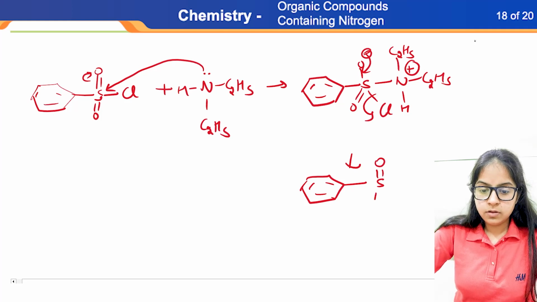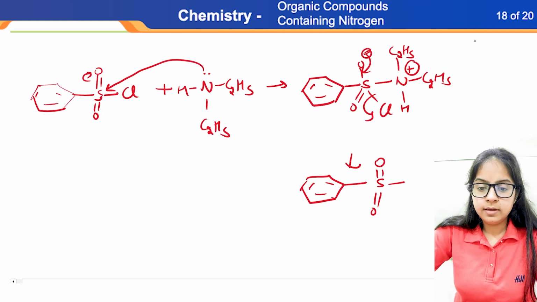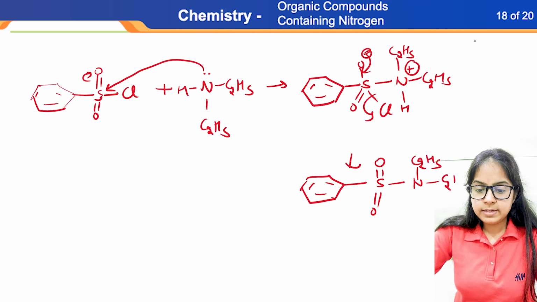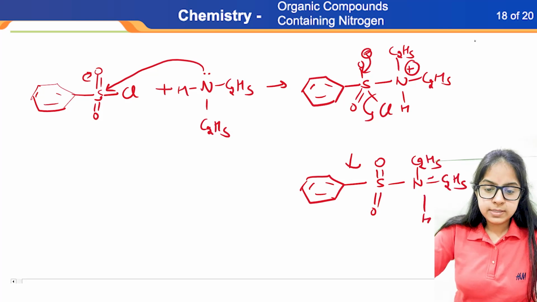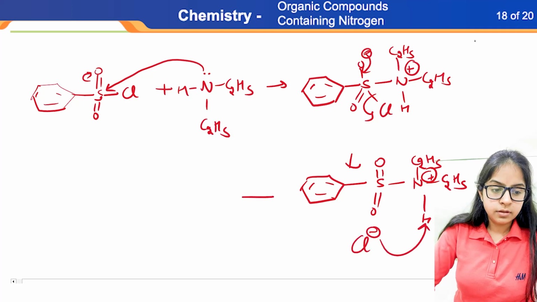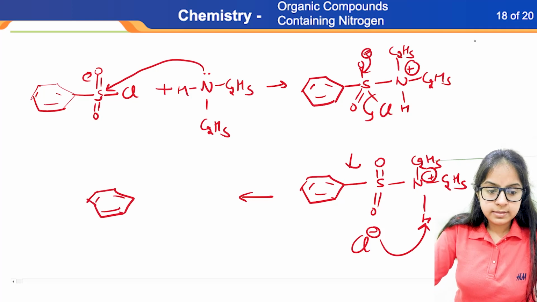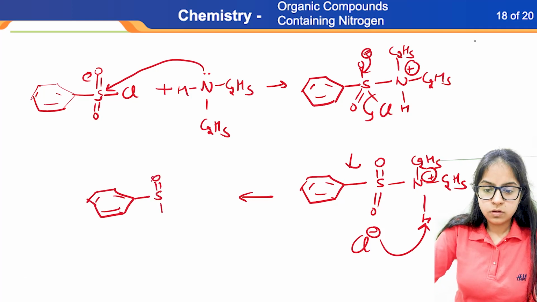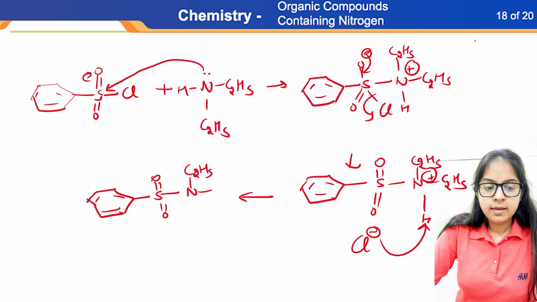Oxygen again, C2H5 C2H5 H positive. Now Cl negative is going to take up this hydrogen. You will get SO2, nitrogen, C2H5 C2H5 plus HCl.